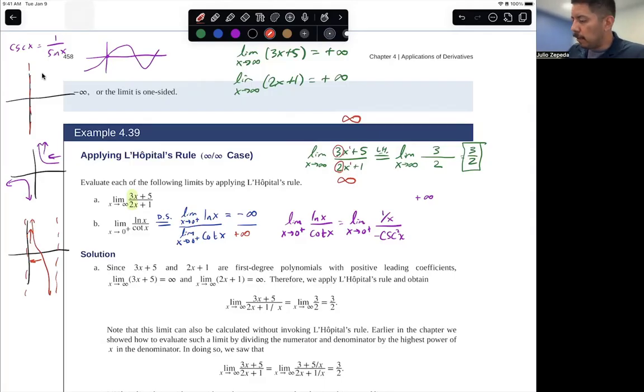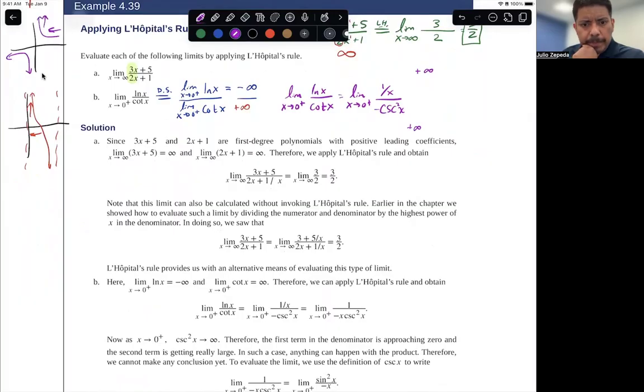Cosecant of x is going to have vertical asymptotes at 0 and at pi, and then it's going to do something like this. So the limit there is also positive infinity. So it looks like we can use L'Hopital's rule again.